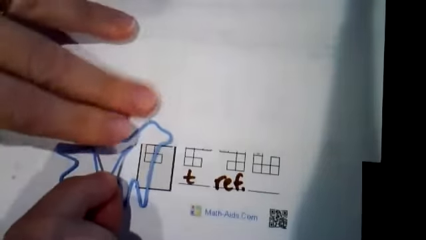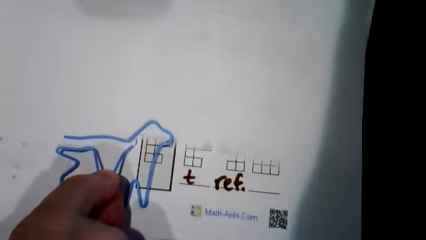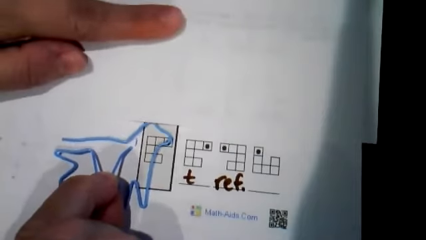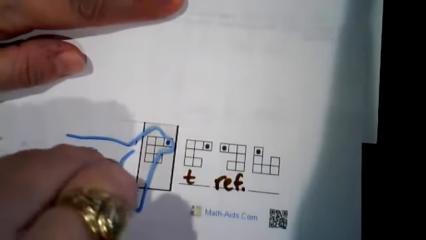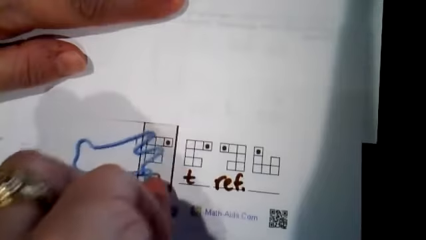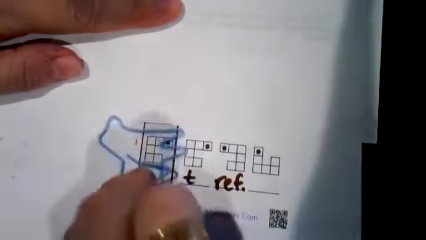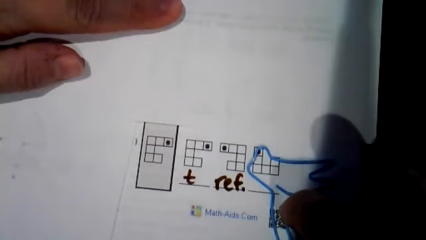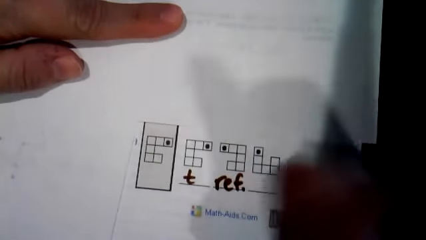Okay, so this cow, if I rotate the cow like this, the nose goes from where it was to right here. Okay, so hopefully you're seeing that this is a rotation.